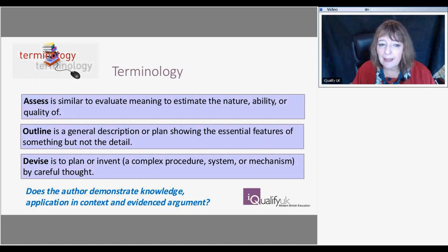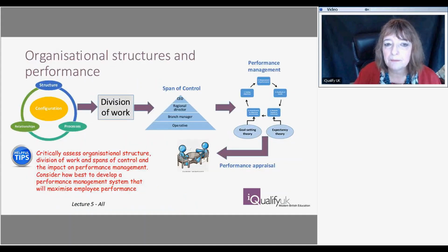Devise is to plan or invent, and that could be a complex procedure, system or mechanism by careful thought. It's not just design, you see, it's actually devise. So you've got to think of all the different parameters. And again, the big question mark: does the author demonstrate knowledge, application in context and evidenced argument?